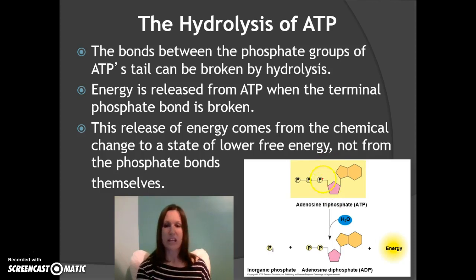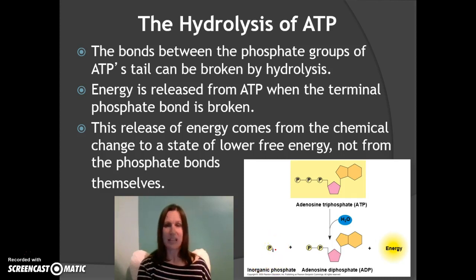What we are seeing, one, is that, yes, it takes energy to break off that 3rd phosphate group. When that happens, water, remember, water comes in and it breaks off that 3rd phosphate group, and it's going to become phosphorylated, and we form this inorganic phosphate here.